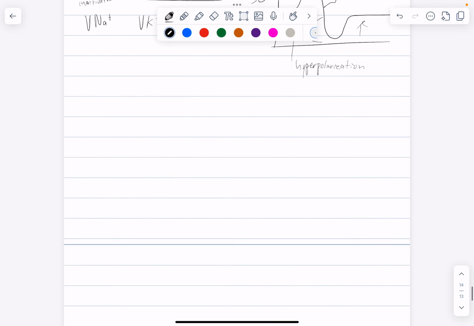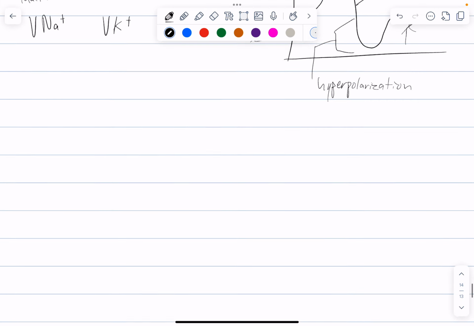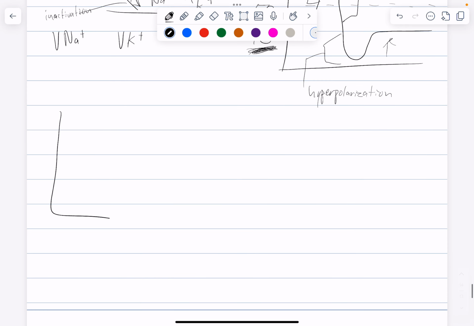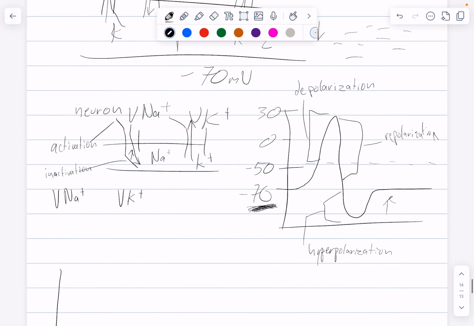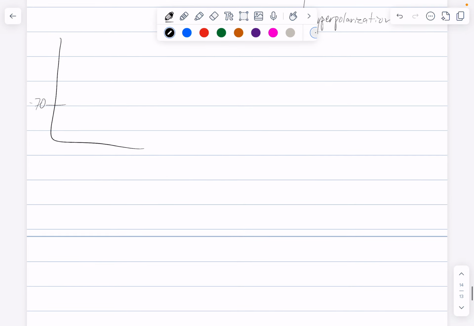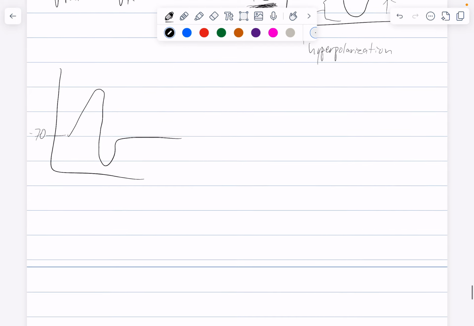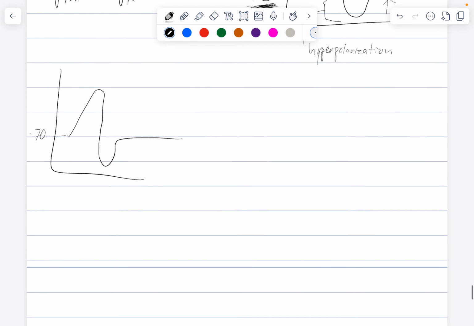Okay, so with the action potential, you have what's called amplitude. Say you have a chlorine, so this will be normal here. So it goes to about positive 30.